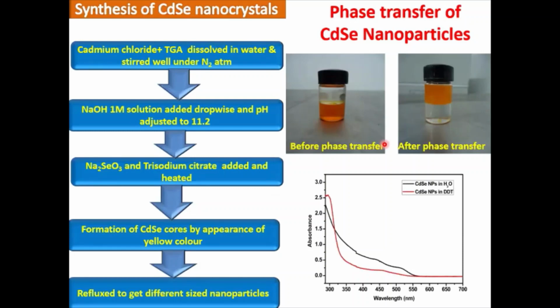Whatever cadmium selenide particles are in the bottom with thioglycolic acid as surfactant have been transferred to dodecanethiol here. This is thioglycolic acid. So this transfer, we carry out by a process called phase transfer, moving cadmium selenide from one solvent or surfactant to the other surfactant. This dodecanethiol you can easily remove, and the conductivity is good for this dodecanethiol. Okay.